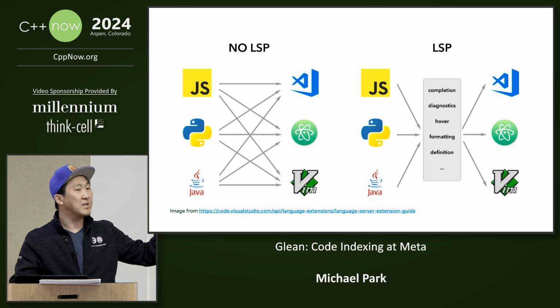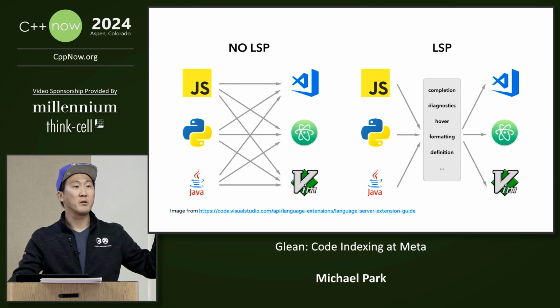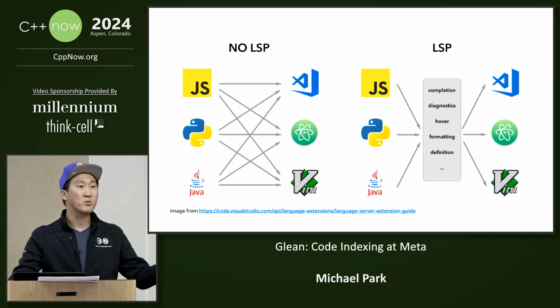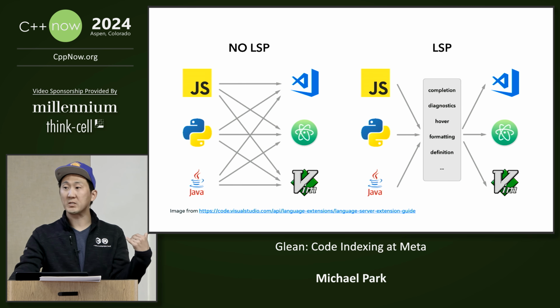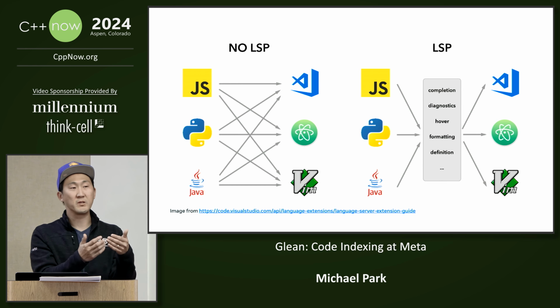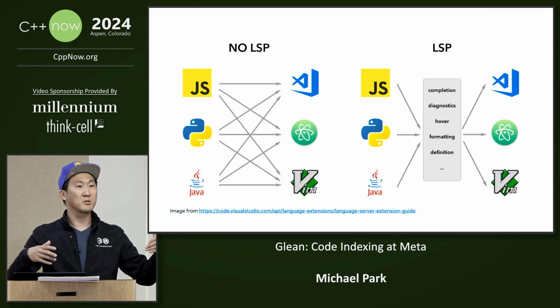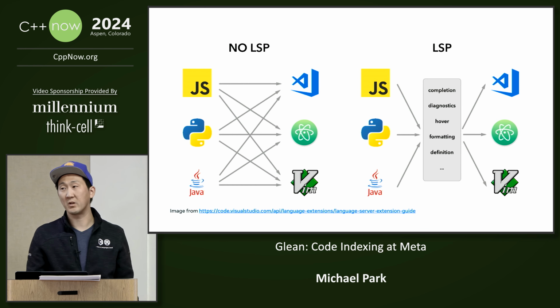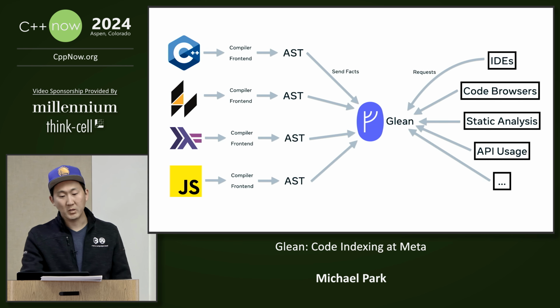We can have this LSP layer that we agree on as the format, and the language servers can just speak LSP as far as the requests go, and the editors can agree on how to send that request in the form of LSP, and then we can support all these different editors for different languages. So where does Glean come in?